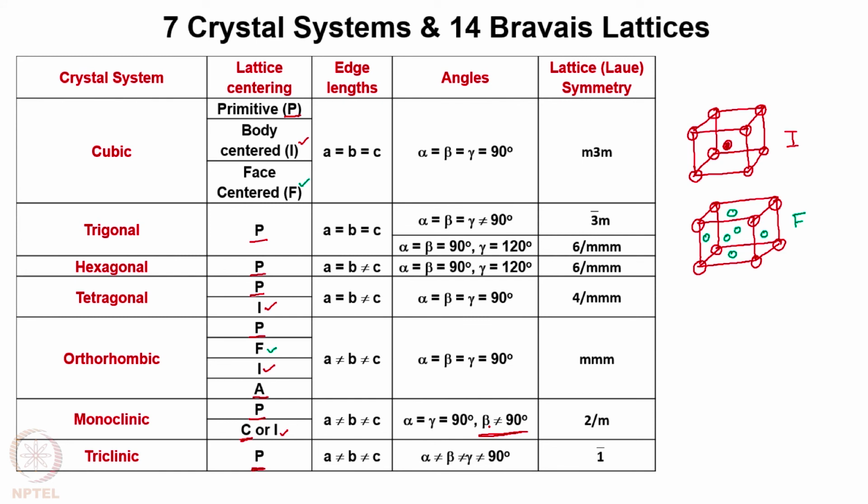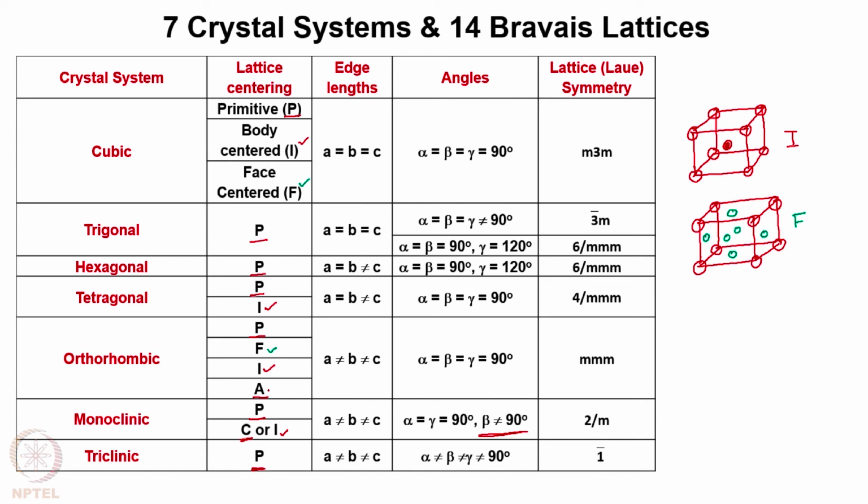That is why the beta angle is non 90 degree, and when we say beta is non-90, B is the unique axis, then the plane which is perpendicular to C, that is the plane AB, is centered, and that C-centered lattice is considered as one of the Bravais lattices. I have seen C or I, so we will see how a C-centered lattice can be converted to I-centered lattice in the next lecture.